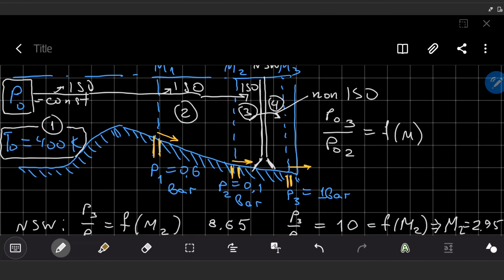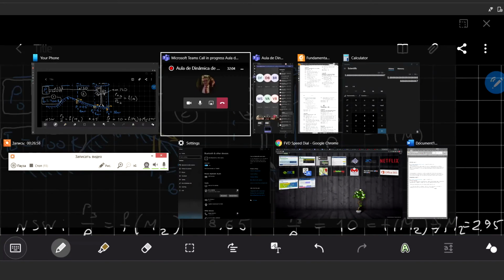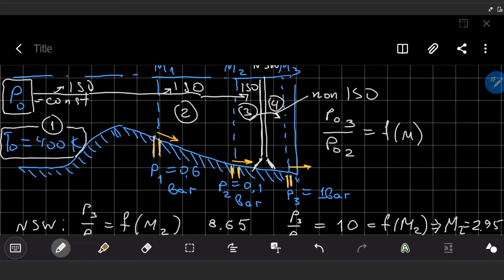To calculate inside point 1 and point 2, I will use isentropic relations from the book. Just a moment. Now I will open these isentropic relations just to give you an idea which formula I am using, the number, and then we will calculate, not using the formula, but using the equivalent Appendix A from the book.